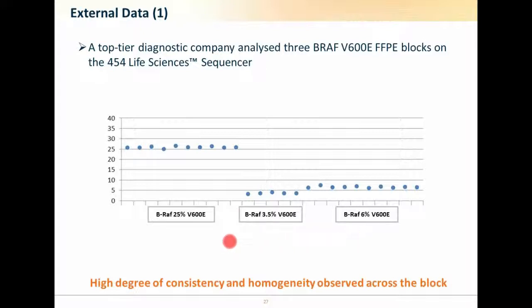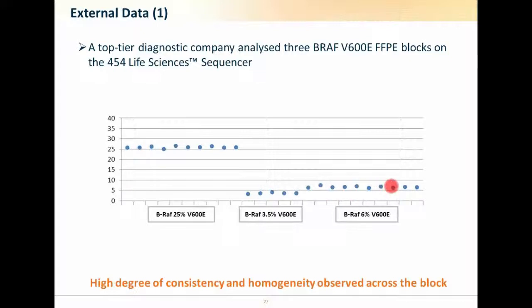They ran it on their 454 platform, an independent lab with an independent system, and they get dead on the 25%. When they run 25%, the 3.5% is 3.5%, and then the 6% is the 6%.